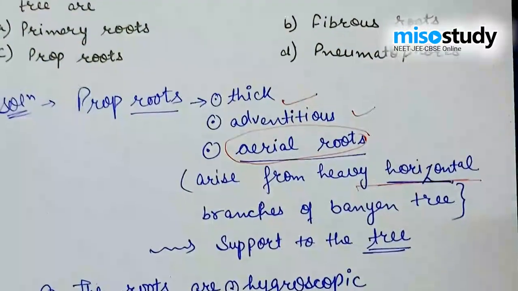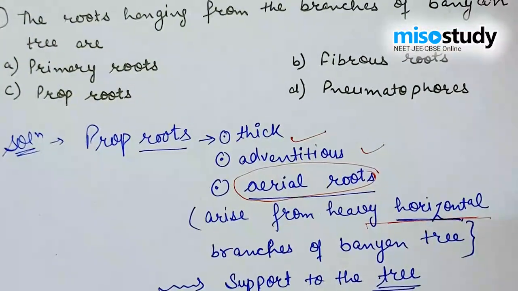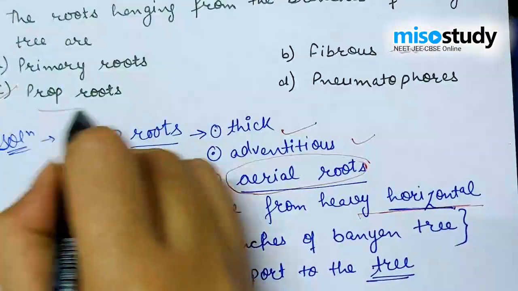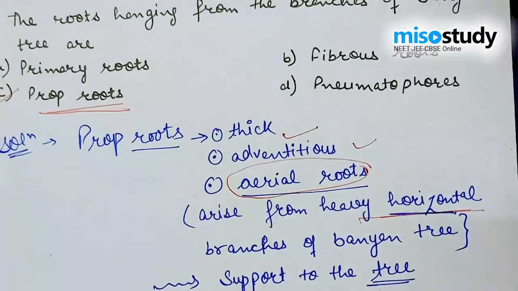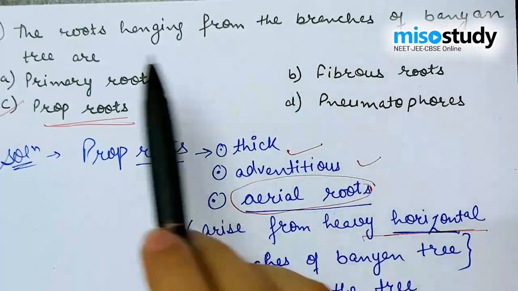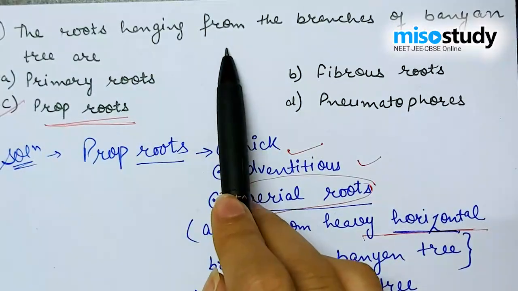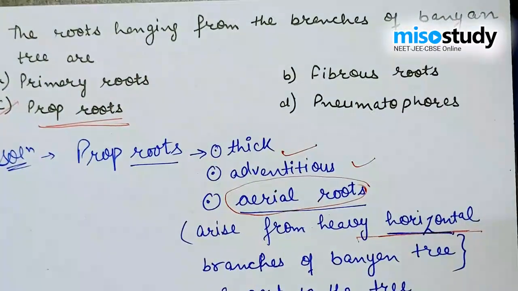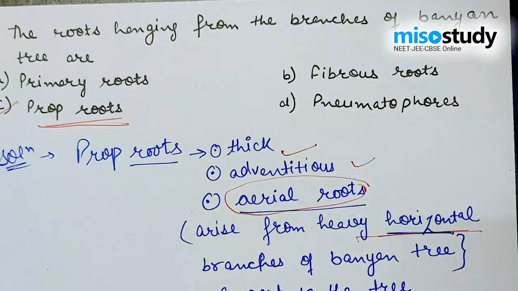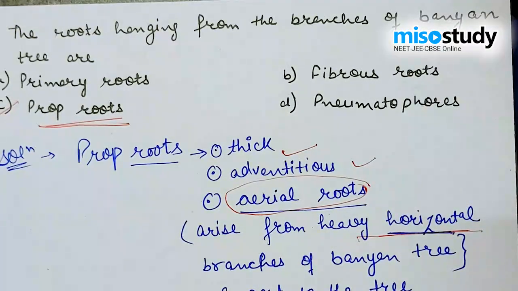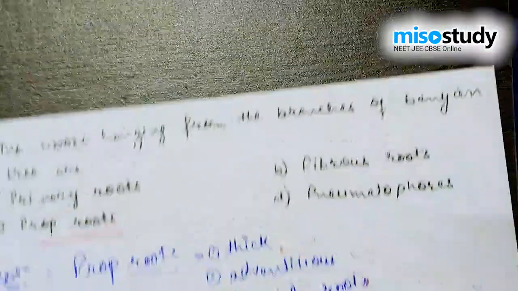So the right answer for the question is prop root. Prop roots are the roots hanging from the branches of banyan tree. Why are they hanging? Because they provide support to the big canopy of the banyan tree. Let's discuss the next question.